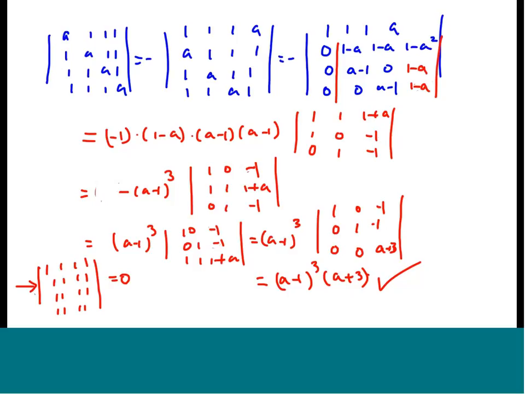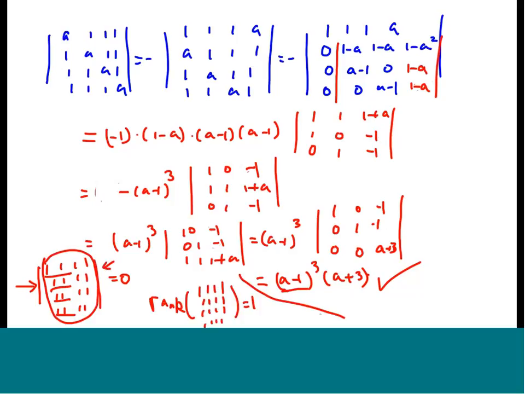Actually, a equals 3, 0 here. Can you do that? So it's actually rank 1. The rank is only 1. So this makes sense as a minus 1 to the 3 times.